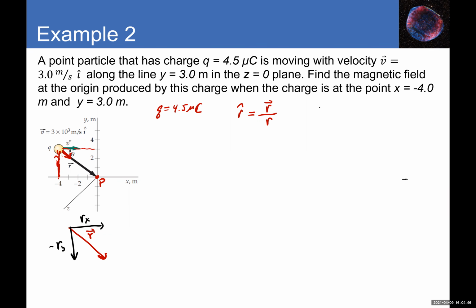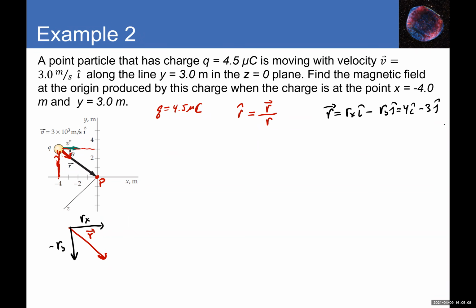That means vector R is equal to 4 i hat minus 3 j hat.